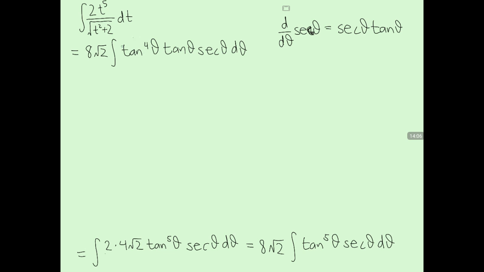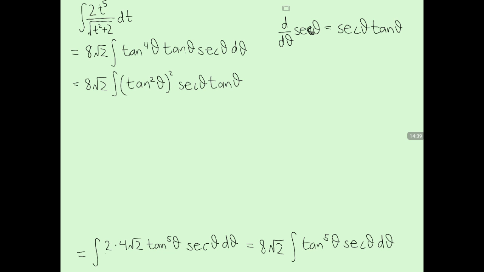All we have to do is convert this tan to the 4th theta into secant theta. So let's convert tan to the 4th theta to tan squared theta, all of that squared. And here we have secant theta tan theta. I'm just reversing the order here, but that's okay.